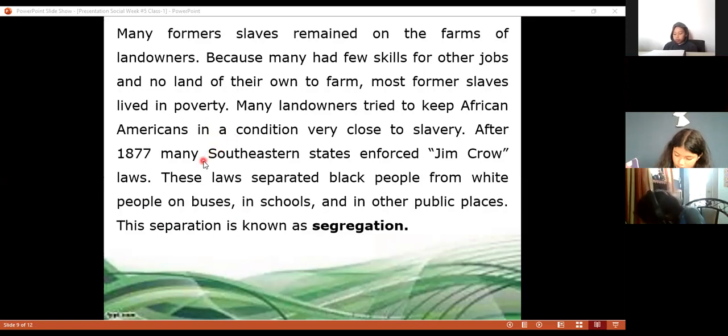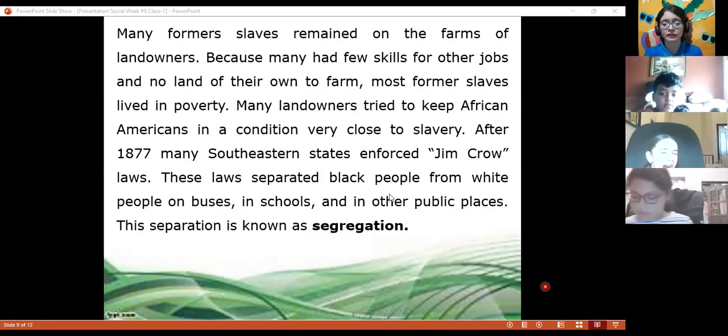After 1877, many Southern states enforced Jim Crow laws. These laws separated Black people from white people on buses, in schools, and in other public places. This separation is known as segregation. Thank you. Excellent, Lucia.